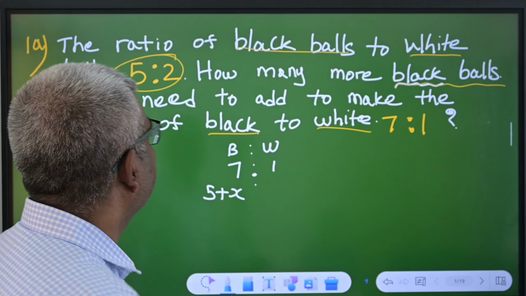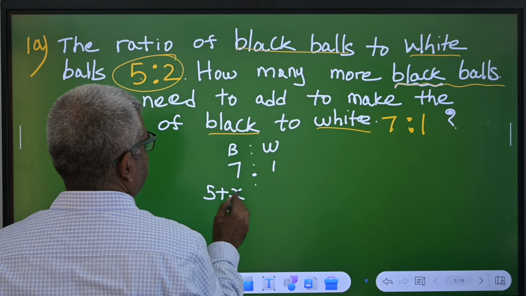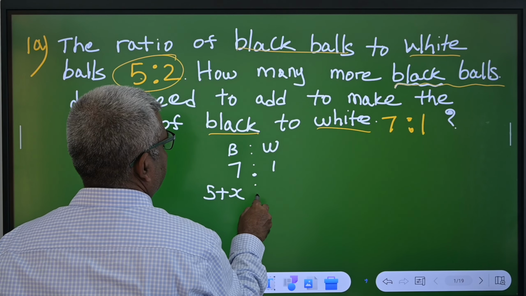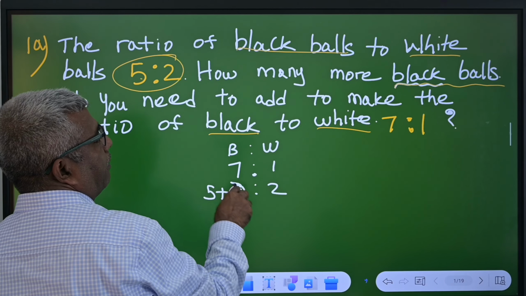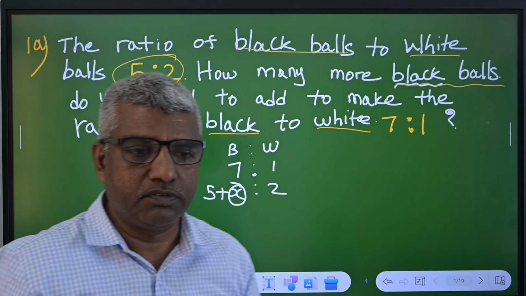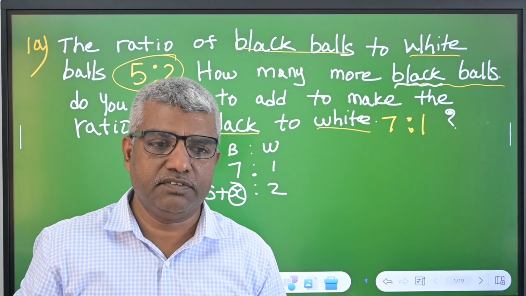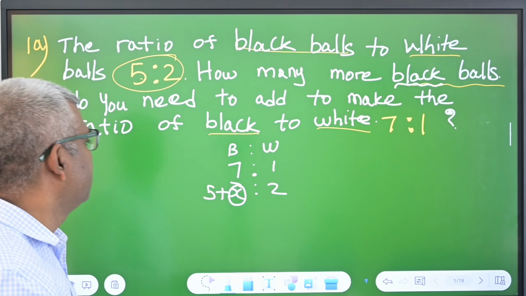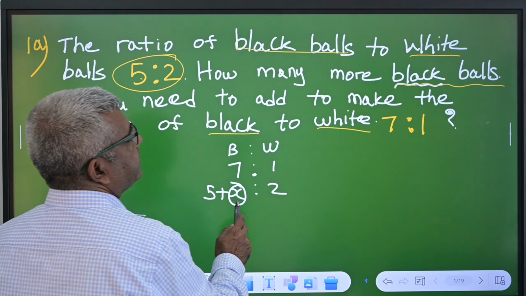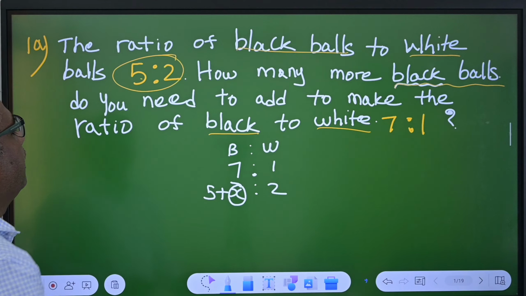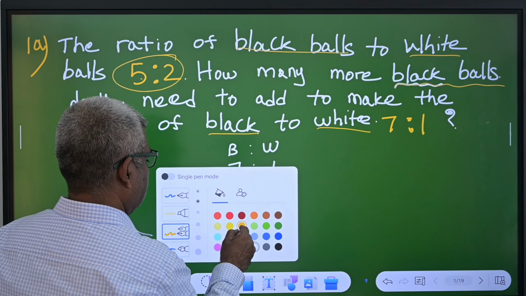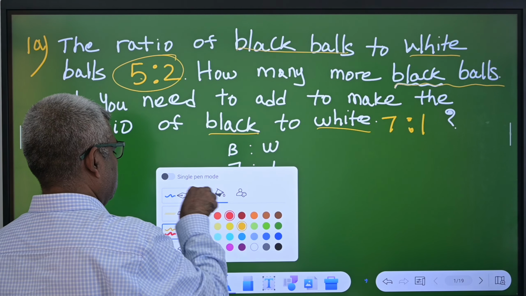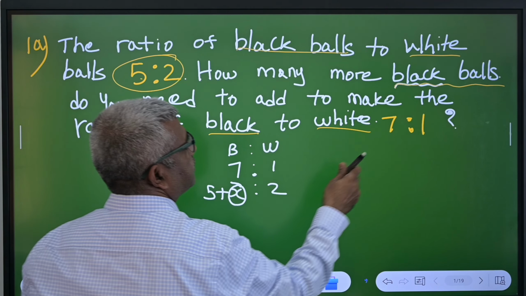Here 5 plus x is equal to 2. This x is the number of black balls added. Have you understood? We have to find how many more balls. This is x.